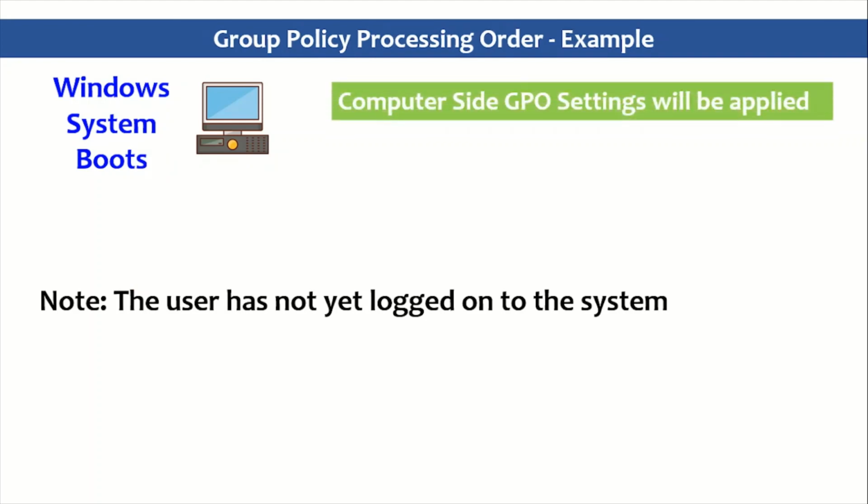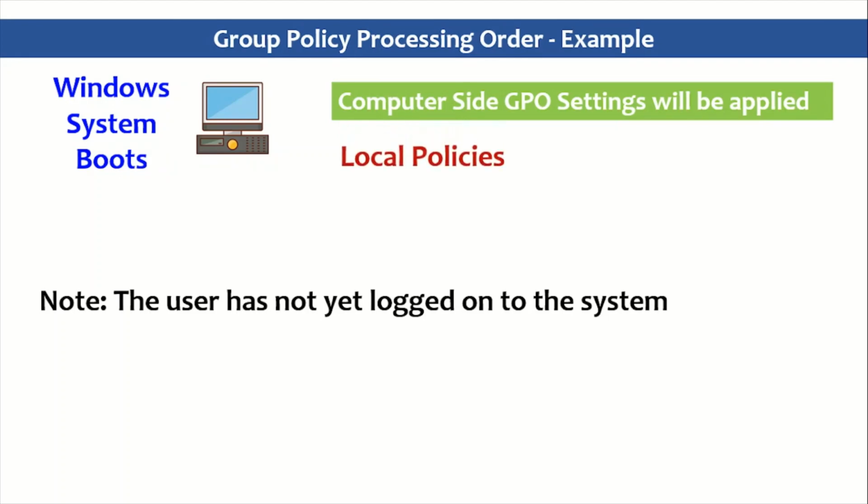Now the computer side group policy settings will be applied. This computer will be a part of some organizational unit and some site. So if we have policies configured at the computer side, those policies will be applied first.